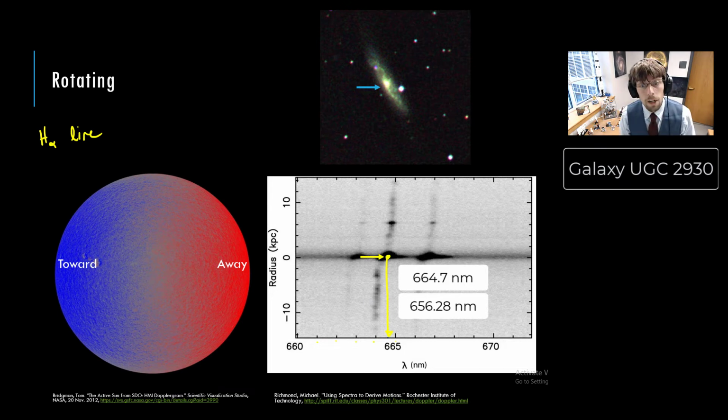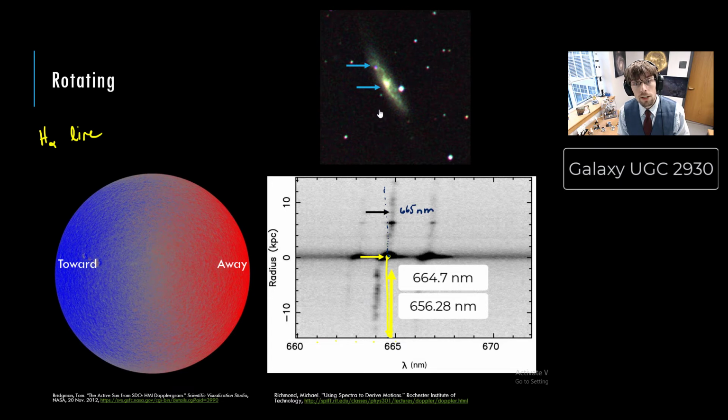Well, we can keep going. Let's see up here. We notice that this is the central bulge, but with respect to the central bulge, there's a region of the galaxy, up here, which is shifted even more than the central bulge, maybe at 665 nanometers.